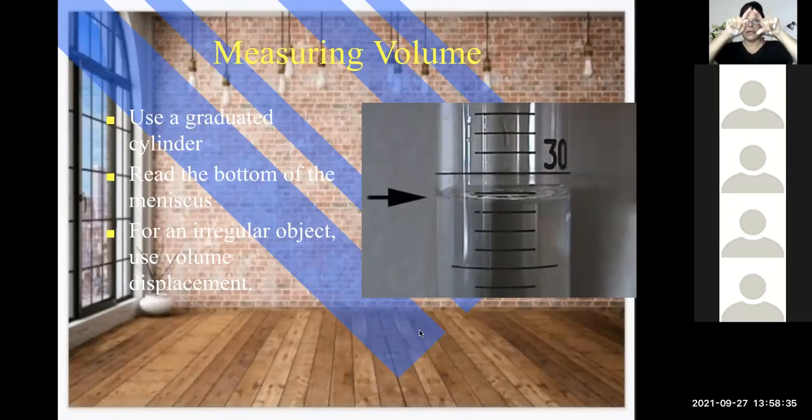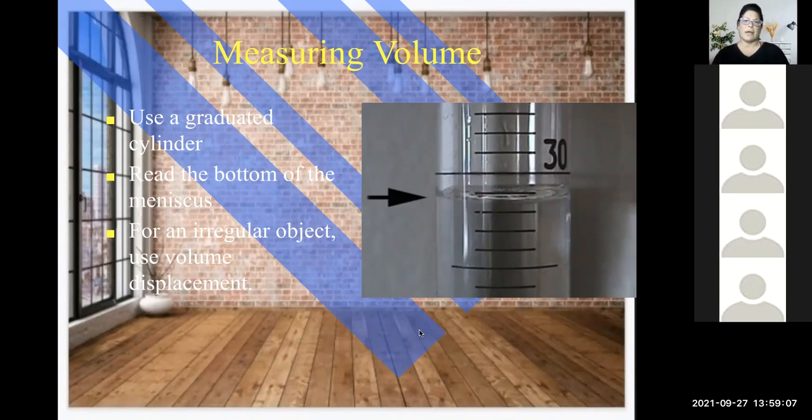The meniscus is a little dip that occurs in the water, and that is actually due to what we're going to be talking about tomorrow, properties of water. It's due to adhesiveness. Water is very sticky, tends to stick to certain objects, and it does stick to glass and plastic, and therefore it's going to create a little dip. So you want to read it at the bottom of that dip.